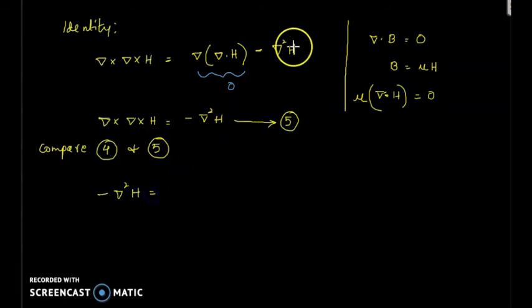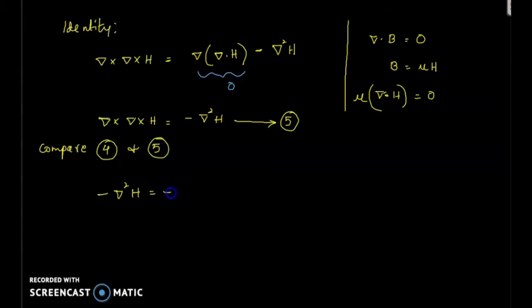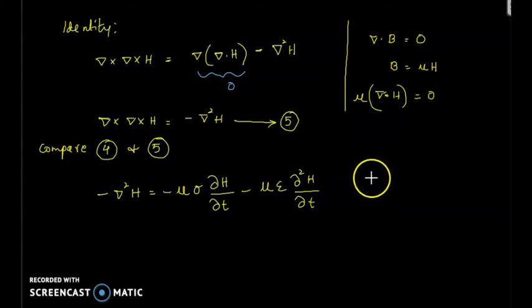Del square H becomes minus mu sigma, the partial derivative of H, minus mu epsilon, second partial derivative of magnetic field intensity.